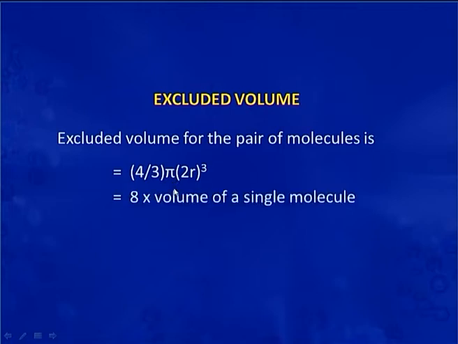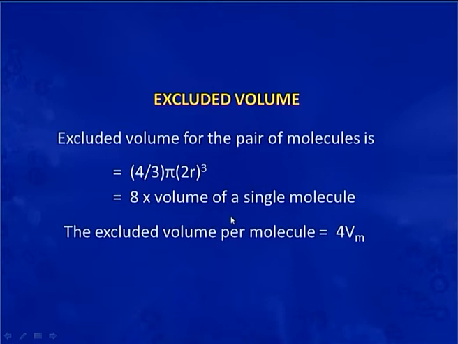The equation will be 8 times 4/3 π r³. Now, we can write it as 8 times the volume of a single molecule, but we have to calculate the excluded volume per molecule. So, the excluded volume per molecule here is 4 times Vm, that is, the actual volume of the gas.